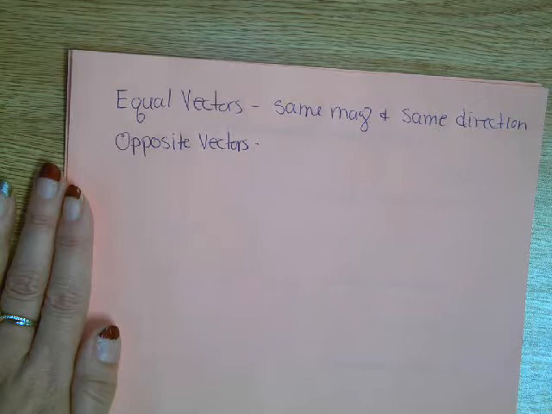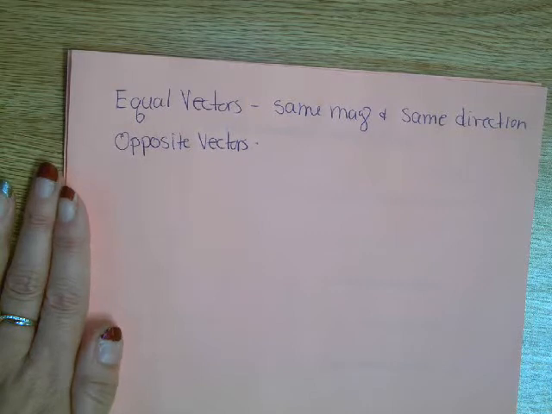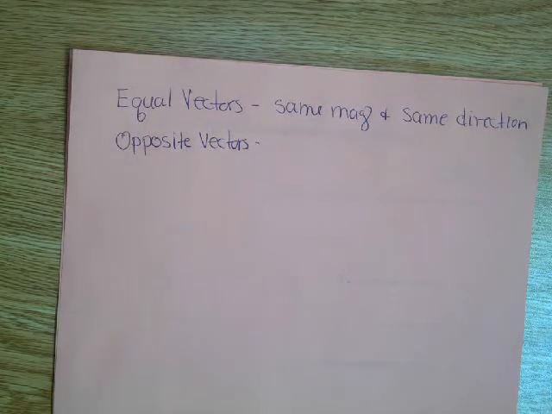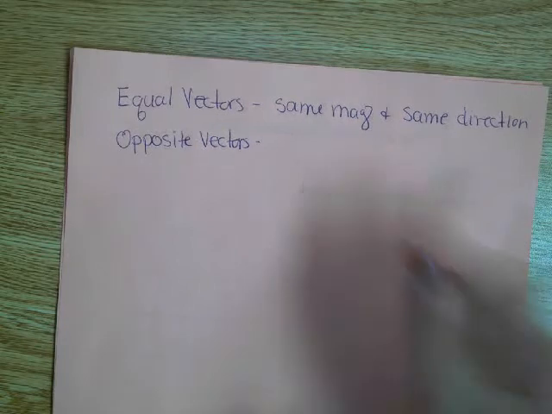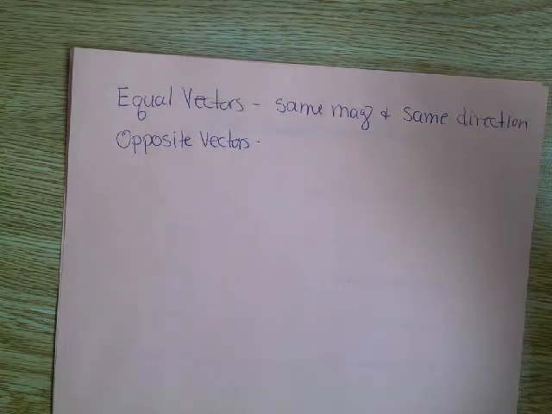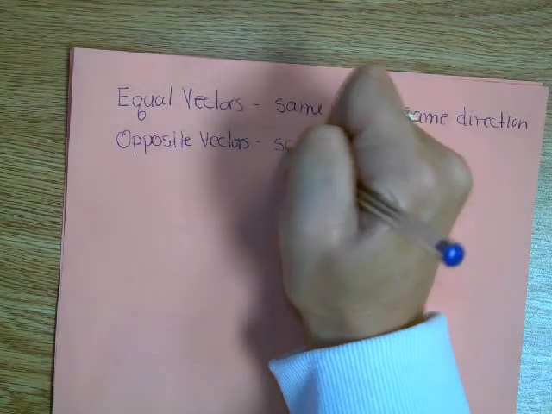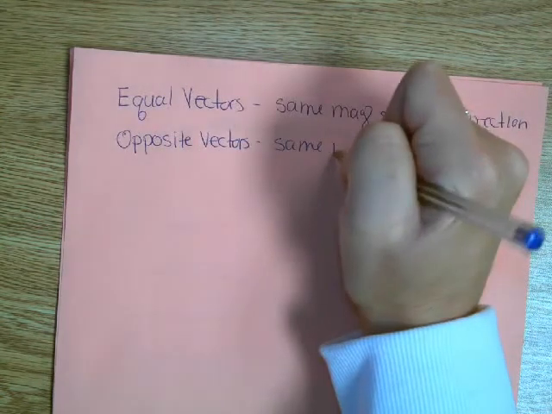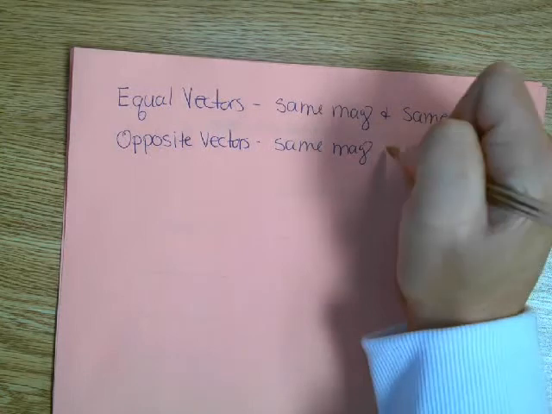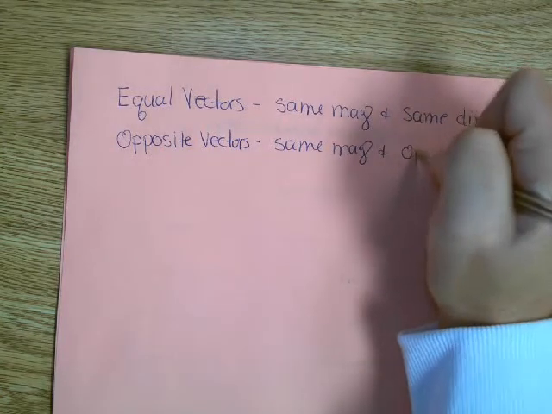Think about pulling. Opposite vectors, think of somebody pulling one way, somebody pulling the opposite way, so everything's staying still with equal power. So that means they're going to have the same magnitude, they're both going to pull with the same force, but pulling in opposite directions, so nothing happens. So they will have the same magnitude, but opposite directions.